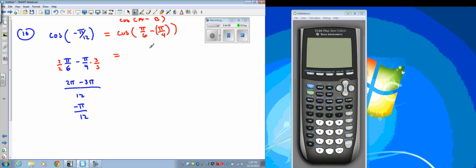So you're going to use that second one and substitute into cosine A cosine B plus sine A sine B. So this is going to be cosine of pi over 6 cosine of pi over 4, plus sine pi over 6 sine pi over 4.